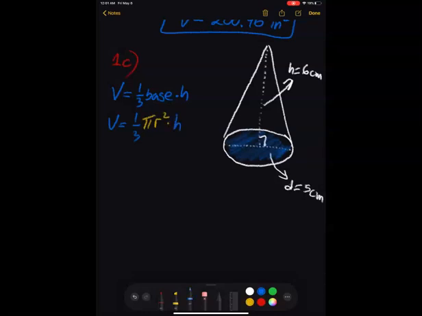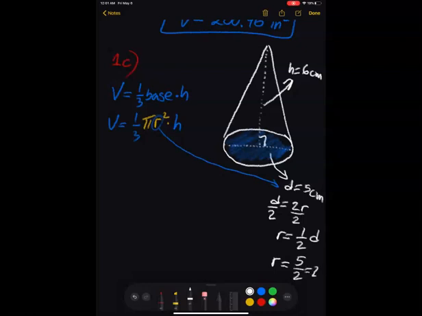Now we don't have an r, we have a d. We know that d is equal to 2r, and if we solve for r, r is 1/2 d. So in our case, r is 5 divided by 2, which is 2.5.